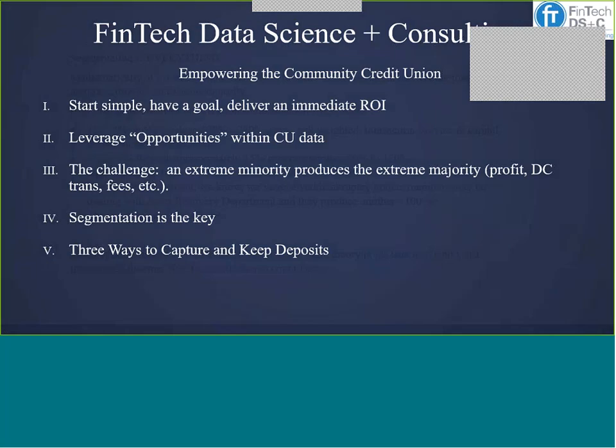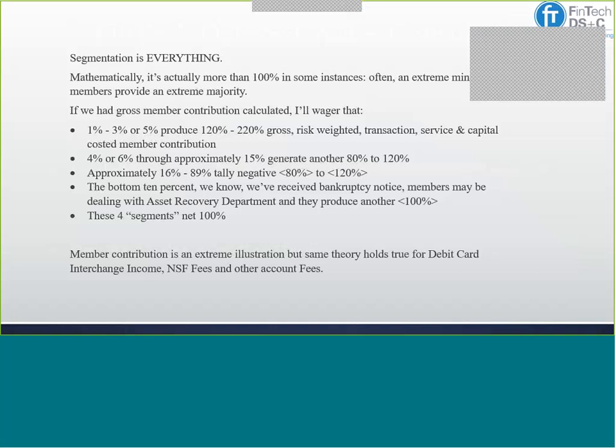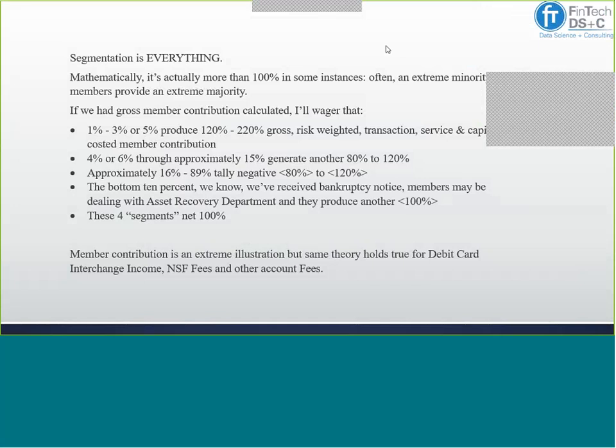When I say segmentation is everything, I say it a little bit tongue-in-cheek, but mathematically, segmentation is actually much more than 100%. We've all seen the statistics of the 80-20 rule, right? Well, in credit unions, it's actually much more than 80-20.